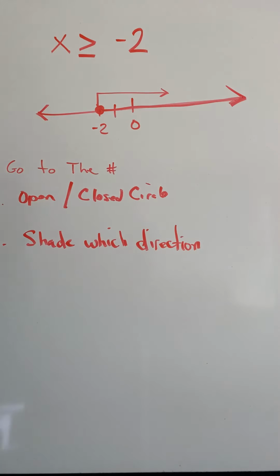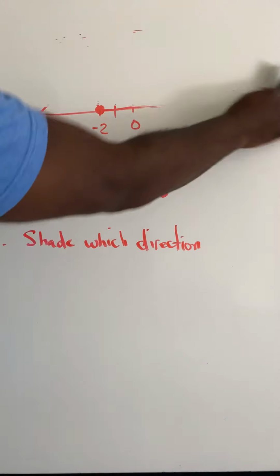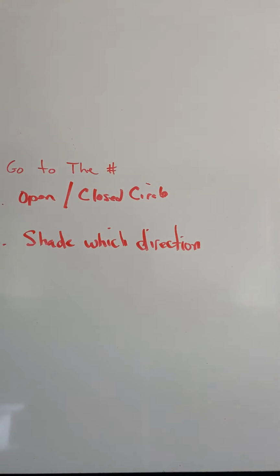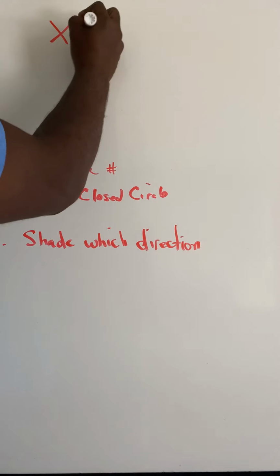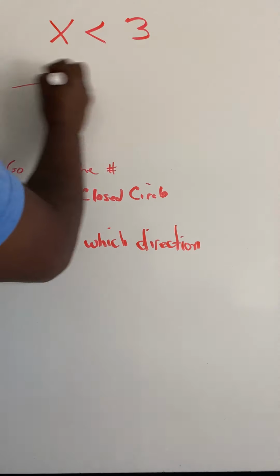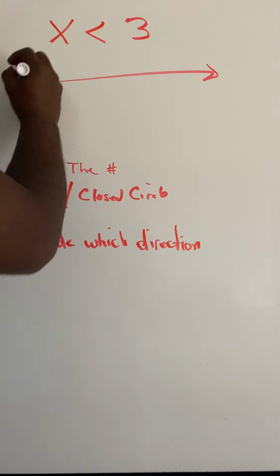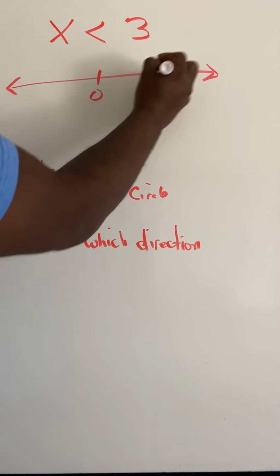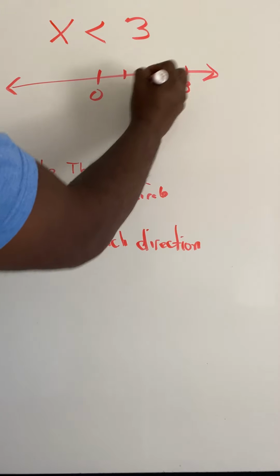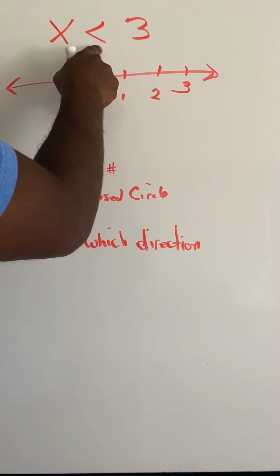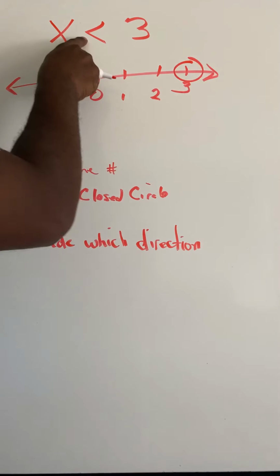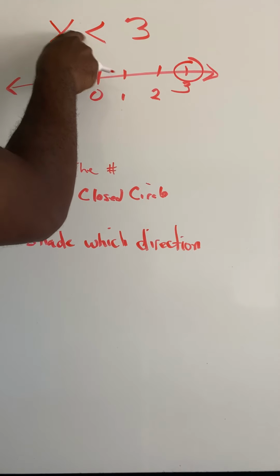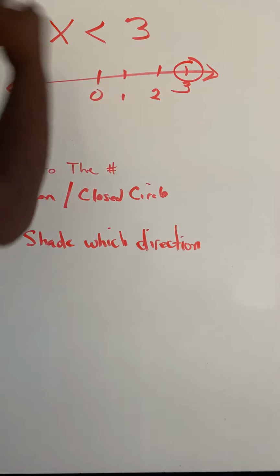So the next one, number 2, and I'll leave the steps up there because the steps are not going to change. So number 2, we had x less than 3. Step 1, go to the number. Here's 3, 1, and 2. Open or closed circle? That's an open circle. Less than or greater than? It's the point that's at the variable, so it's less than, which goes to the left.